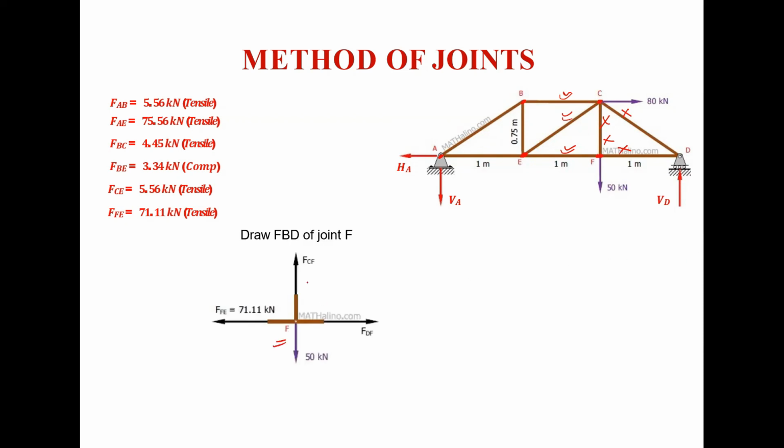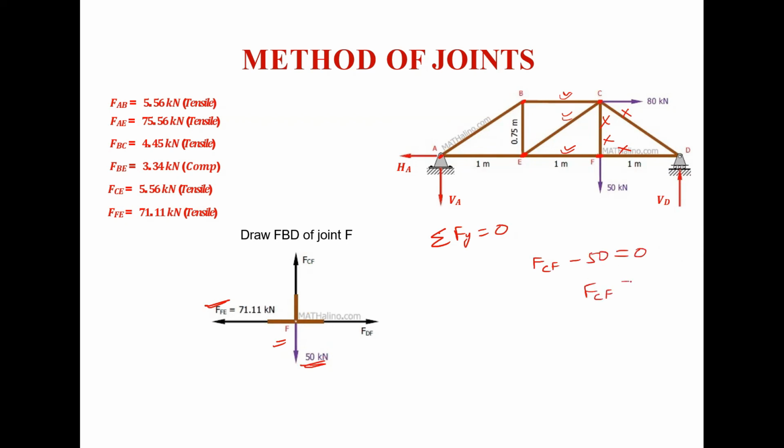So if you draw FBD of F, then you know FFE and 50 kilonewton is acting external force. Two are unknown, so you can apply vertical force balance and you can easily find out. So if you apply vertical force balance, you will get FCF minus 50 is equal to 0.